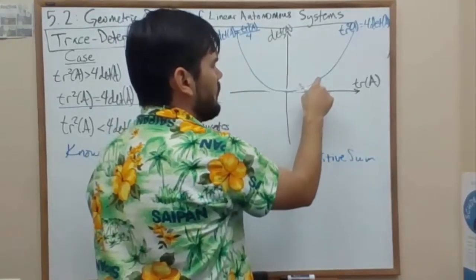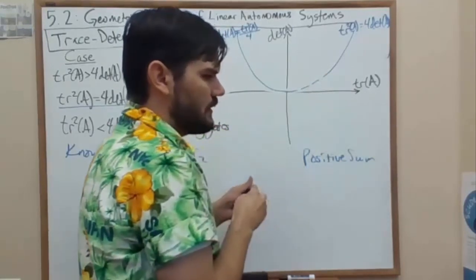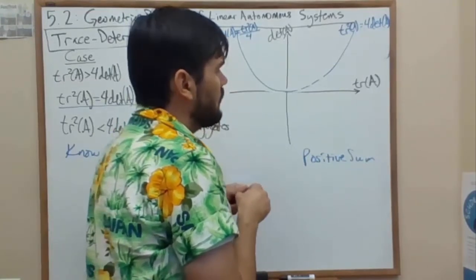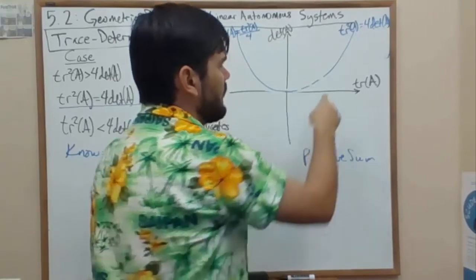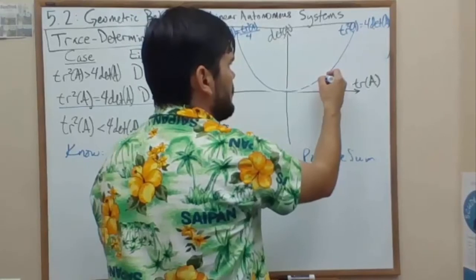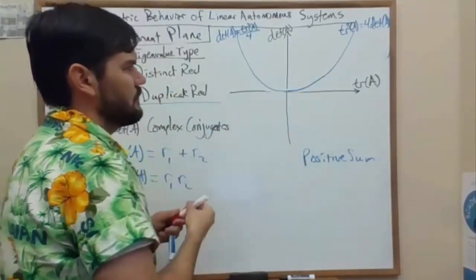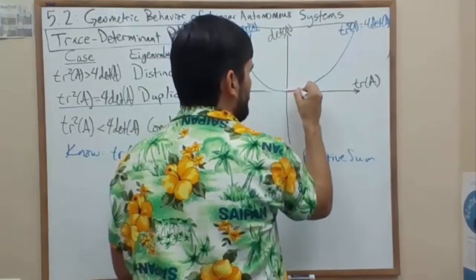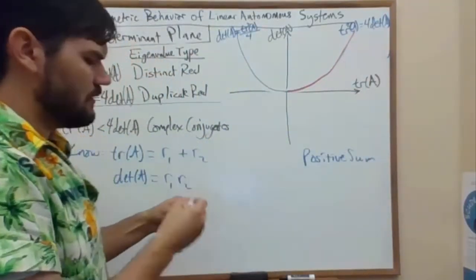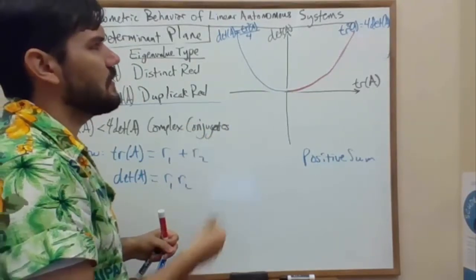then let me see. Then it is unstable. I'll use a red to represent unstable. So if the two roots are both positive, then we know it's unstable.